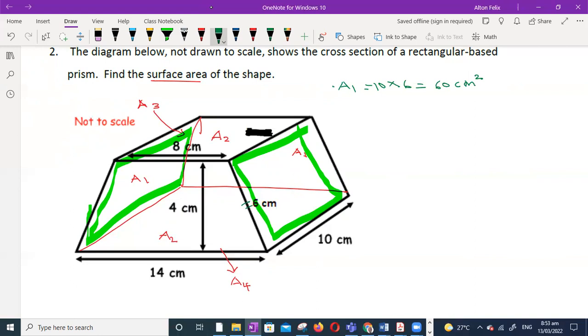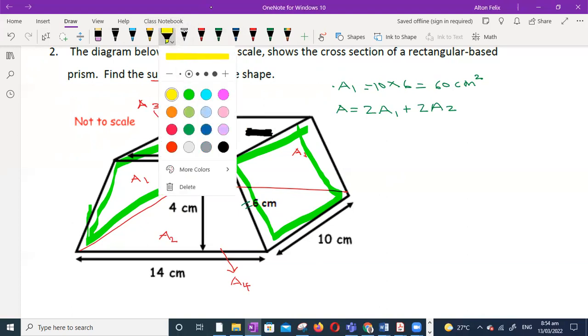So the total surface area, let's call it A, will be 2 times area 1 because you have 2 parts, and we also have 2 surface areas called area 2. That's the front and the back. Let's highlight that one in yellow.